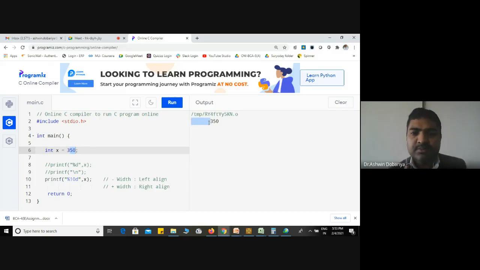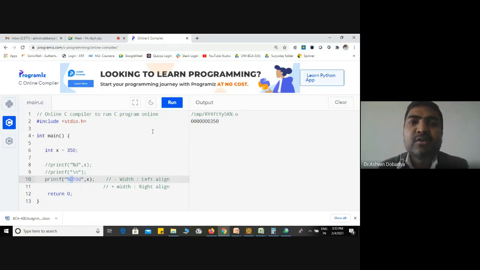But suppose you want to display 0 over here, then you add 0 before your width. So in flag, we can mention minus, plus or 0. Now see what the 0 will do: the 0 will be substituted in place of space. Now it is very clear.